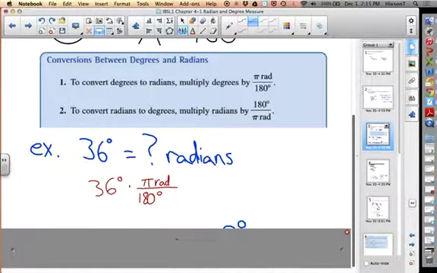I put the degrees in the denominator because I want my degrees to cancel out. That's the easiest way to remember it: you want what you're converting to in the numerator, and what you're converting from in the denominator, so those will cancel out. So now what you're left with is 36 pi over 180.